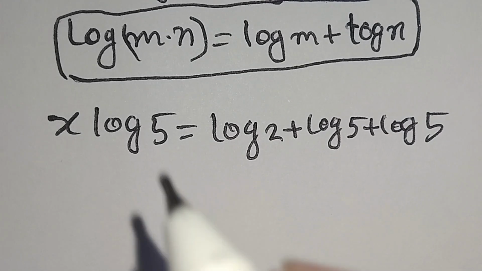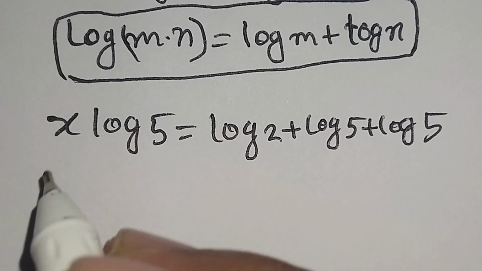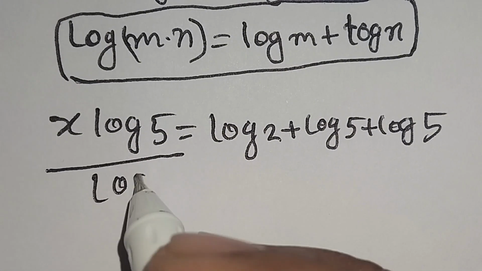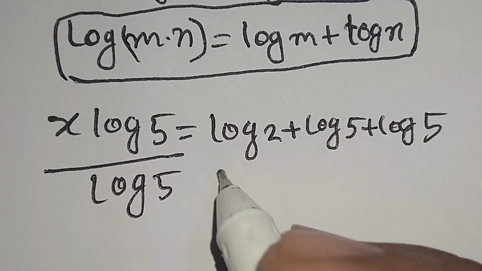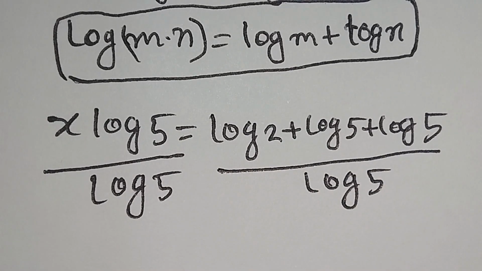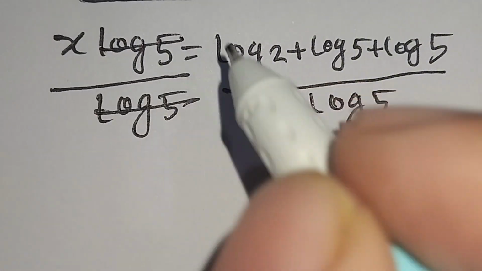Now we will divide both sides by log 5 to eliminate this log 5. So you can write here x log 5 over log 5. This log 5 and this log 5 cancel.